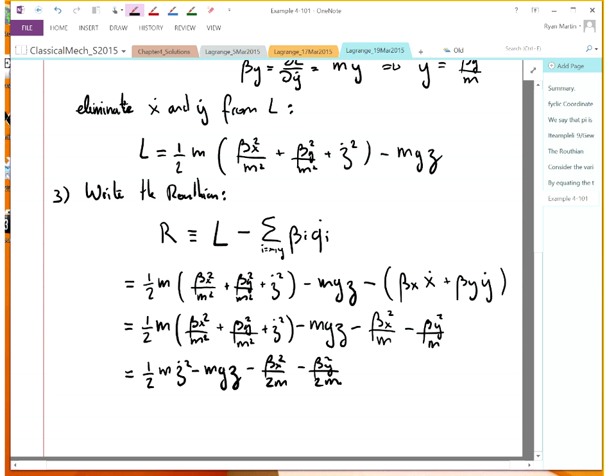Right, I have one of them minus a half. I have a half of one minus one of them, so minus a half of them. So that's our Routhian.